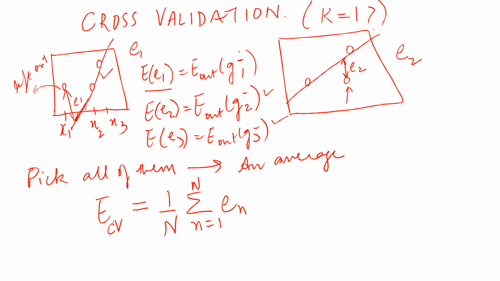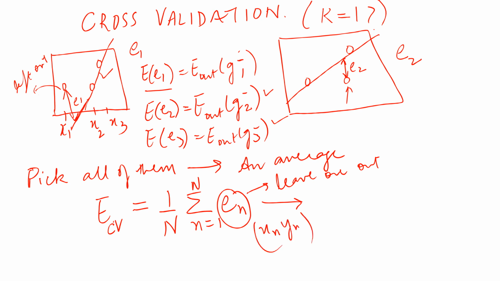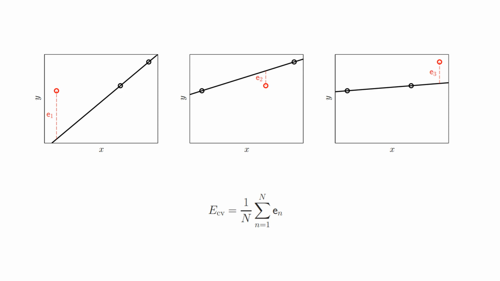What this signifies is that this is also known as leave one out error, because I'm leaving out one data point and then calculating the error. For example, in this case, I just left out the point xn, yn, and so on. So this is the cross-validation error, or the cross-validation estimate of E out. Okay, let's summarize what really happened. This is what we were trying to understand.